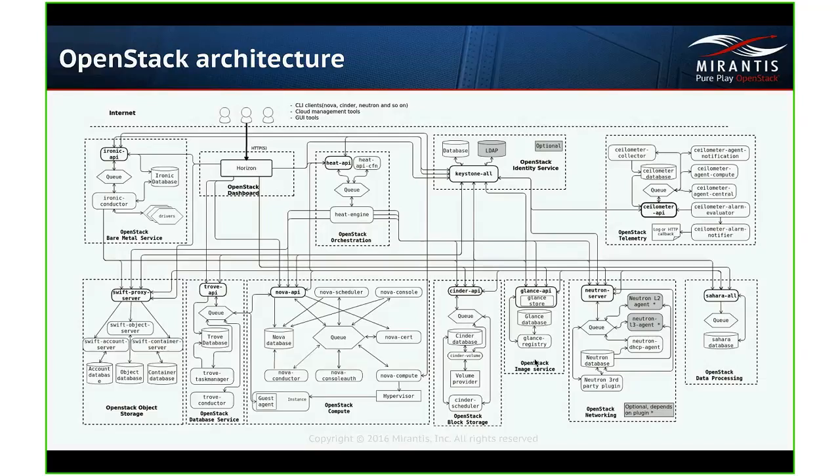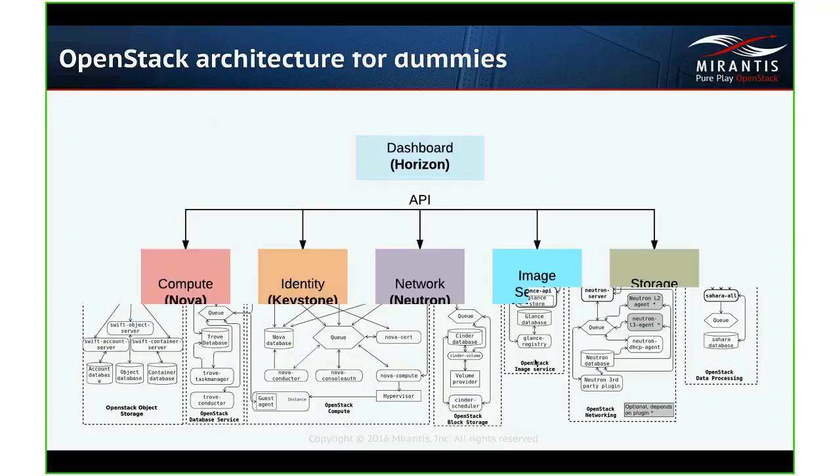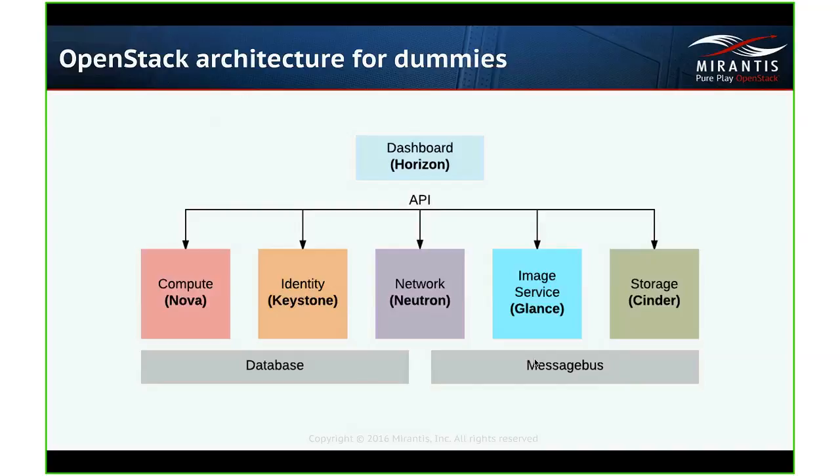It's like 2 + 2, right? But to be serious, OpenStack consists of hypervisor hardware and control plane. And the control plane is a bunch of microservices. Each one serves a different purpose. We have compute, identity, network, image, and storage.